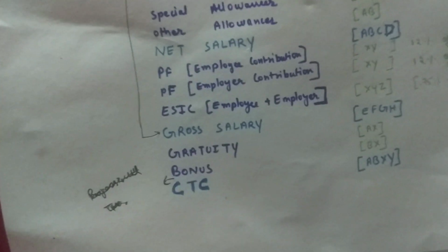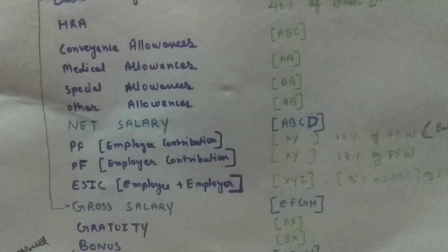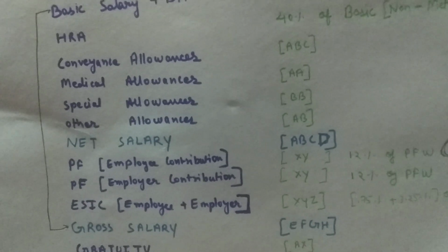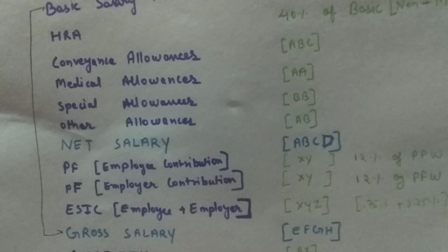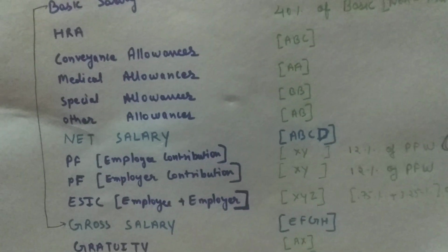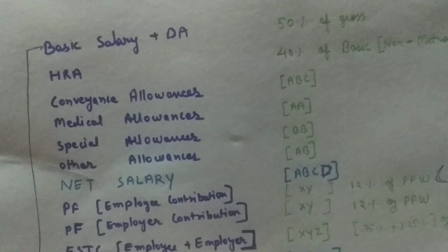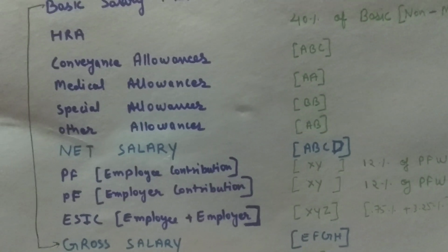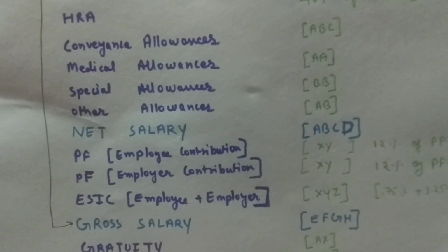itself. And also one thing to keep in mind, this PF deduction is only applicable when the strength of the company is more than 10 employees. In some state it is 10 employees, अगर minimum strength 10 employees की होनी चाहिए तभी PF deduction applicable है.